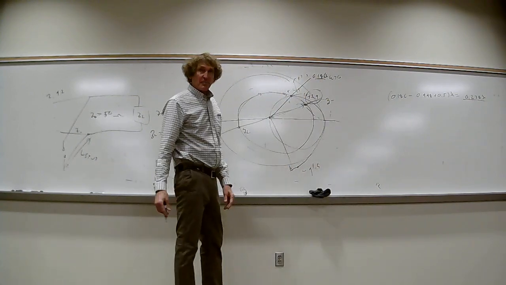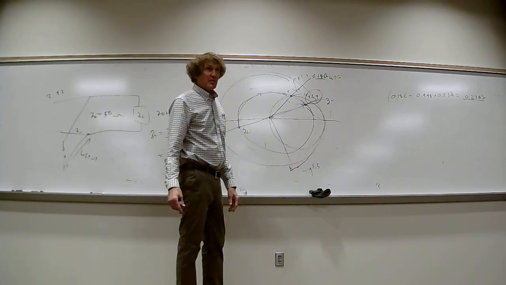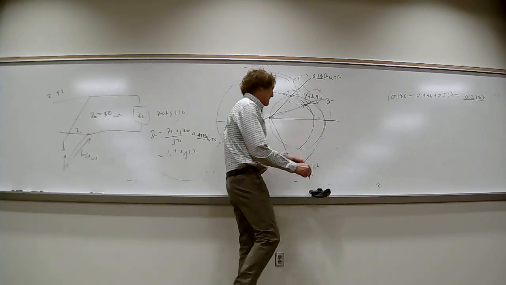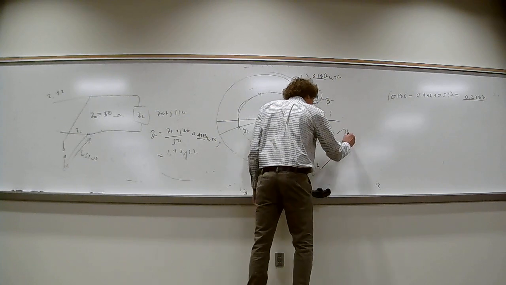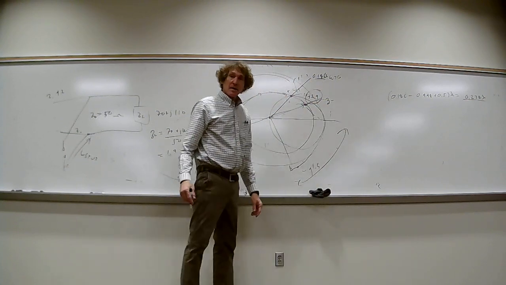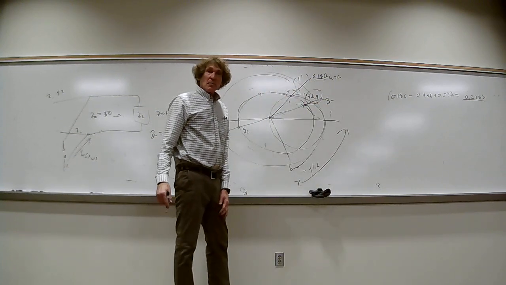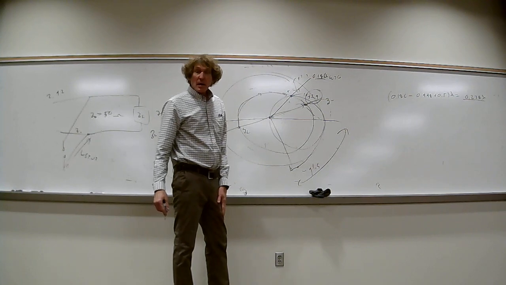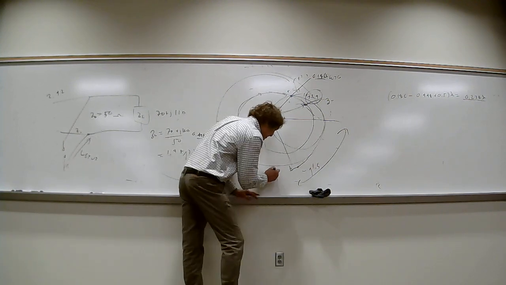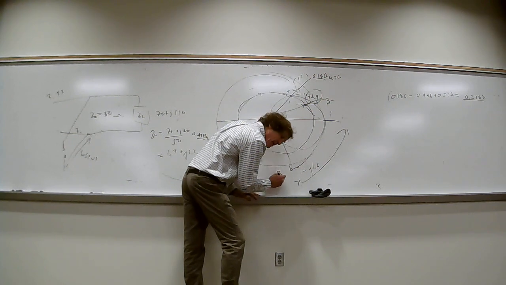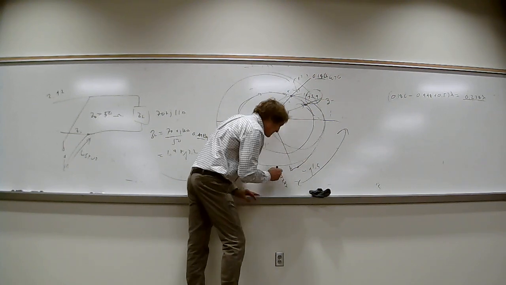What's the value? Y'all follow me what I'm doing? That's where I started. I'm measuring this distance now. What's that? 0.375. Wait, no, I made a mistake. 0.327 lambda. So what's the distance?